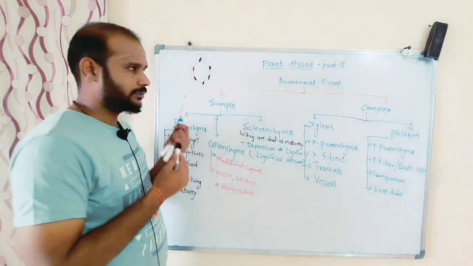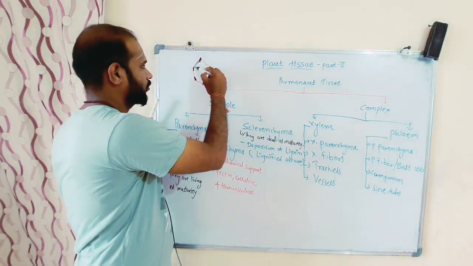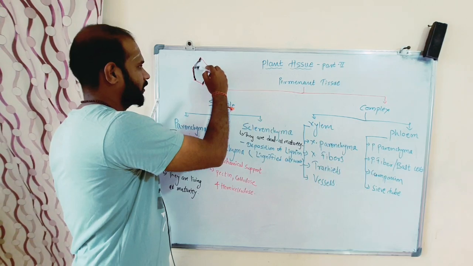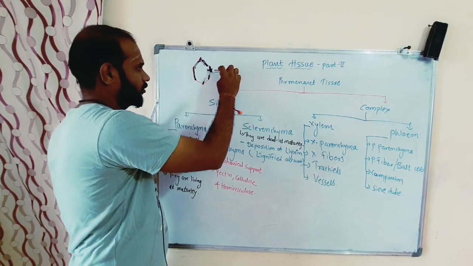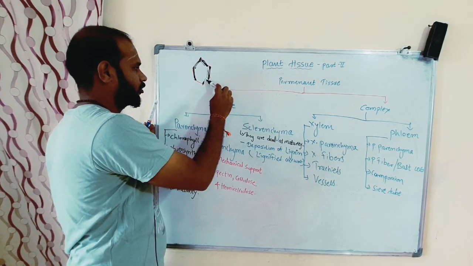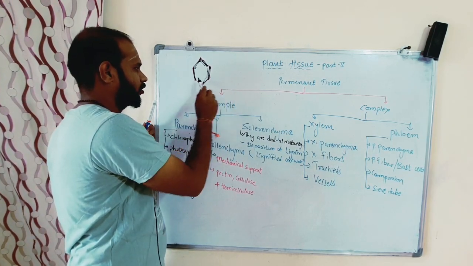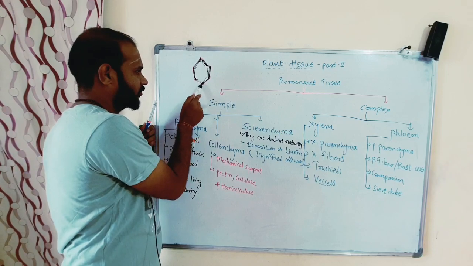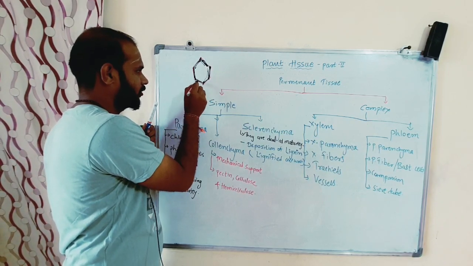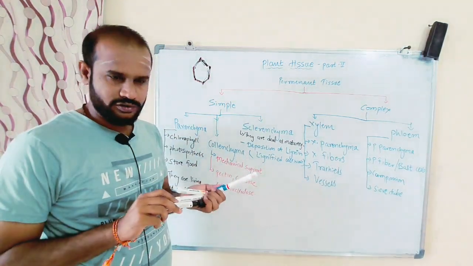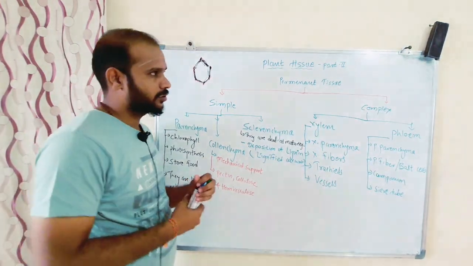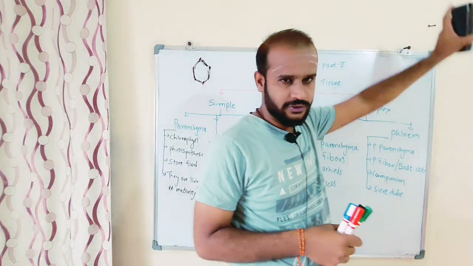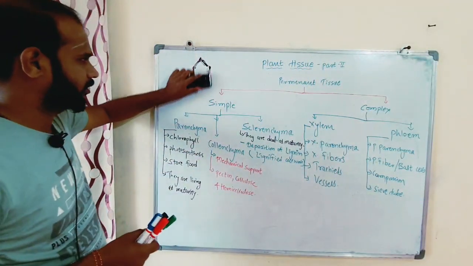In sclerenchyma, the lignin is deposited like this, so all the transport in and out of the cell wall shuts down. That's why after maturity we call this cell dead, because all transport stops, and the nucleus and all the protoplasm will be gone. That's why we call them dead at maturity.